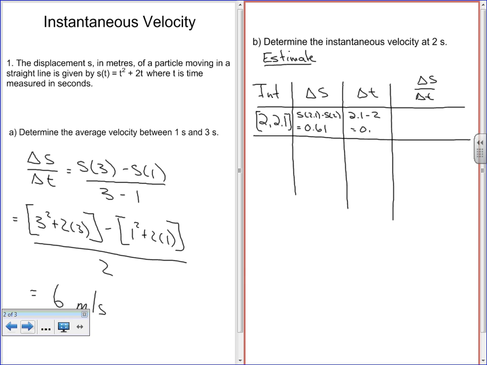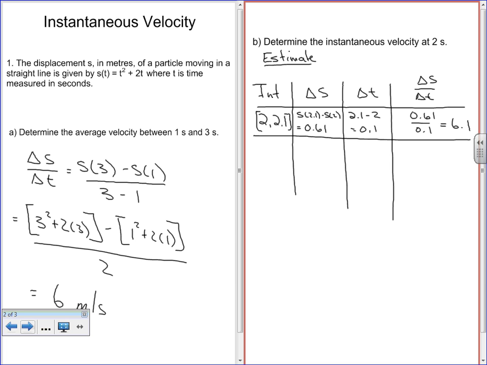Then I divide the change in the displacement by the change in the time, which works out to be 6.1. So on average, the particle is moving at 6.1 meters per second between 2 and 2.1 seconds.